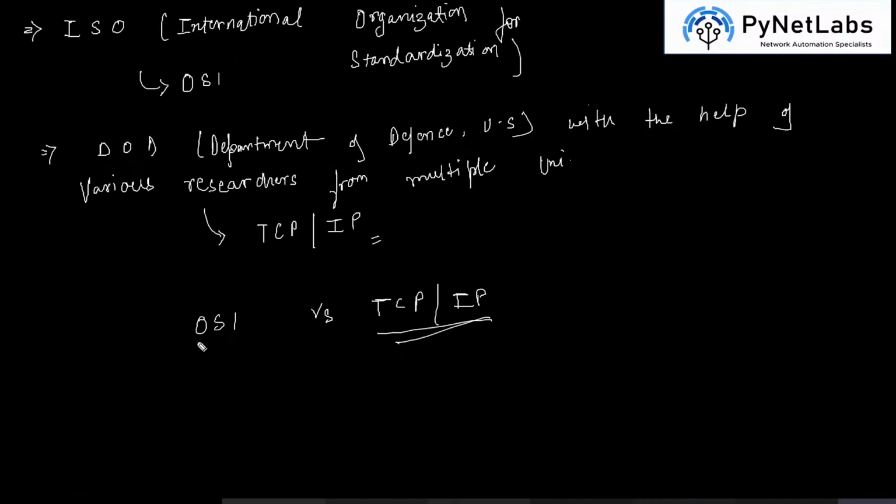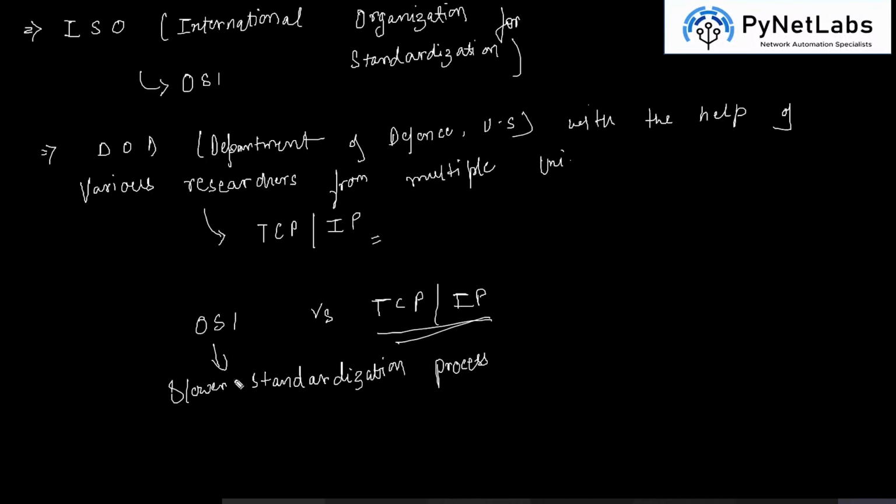Now, why did this happen? Both were correct, both were right. Both were good in their work, but because of the slower standardization process, OSI failed, and vendors started using TCP/IP only.